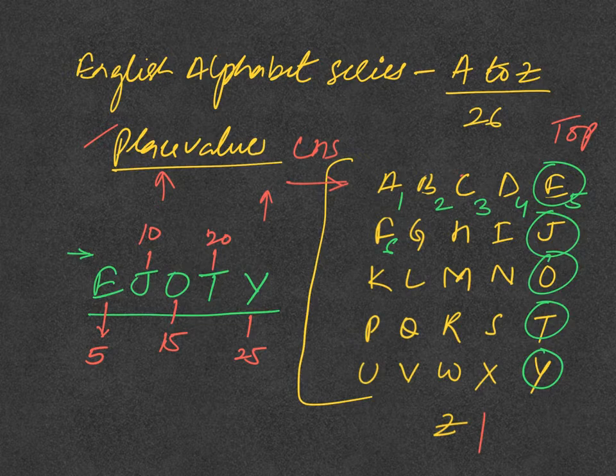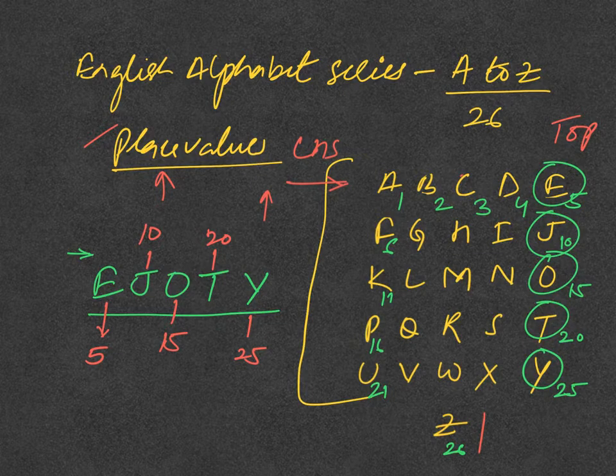Similarly, if the value of J is 10, what will be the value of K? 11. If the value of O is 15, what will be the value of P? 16. T 20, U will be 21. Y is 25, then Z will be 26. So these are the 5 values.